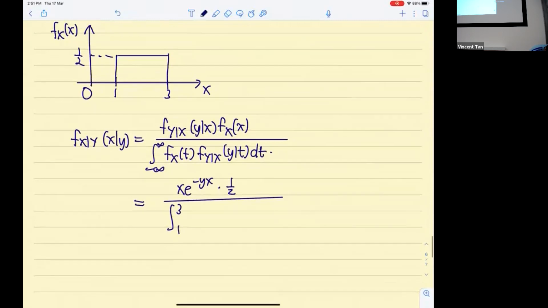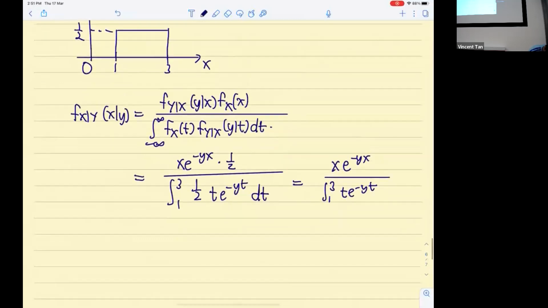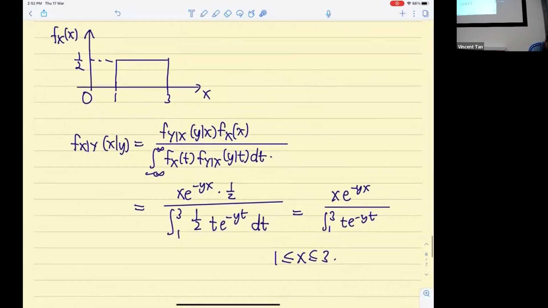The half and half cancel. You're left with this divided by the integral from 1 to 3 of t e to the minus yt dt. But this expression is only valid for x between 1 and 3, because x can only range from 1 to 3.